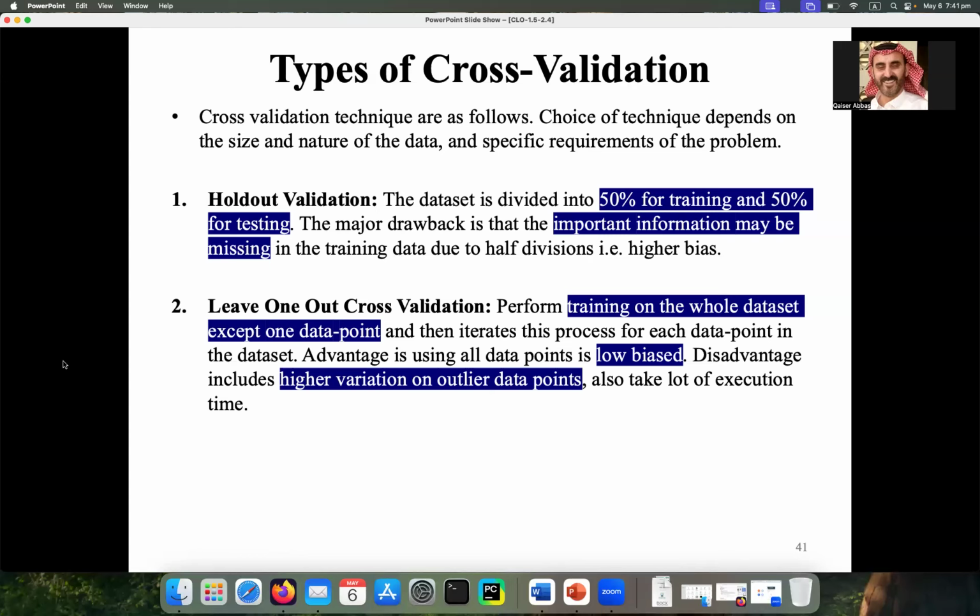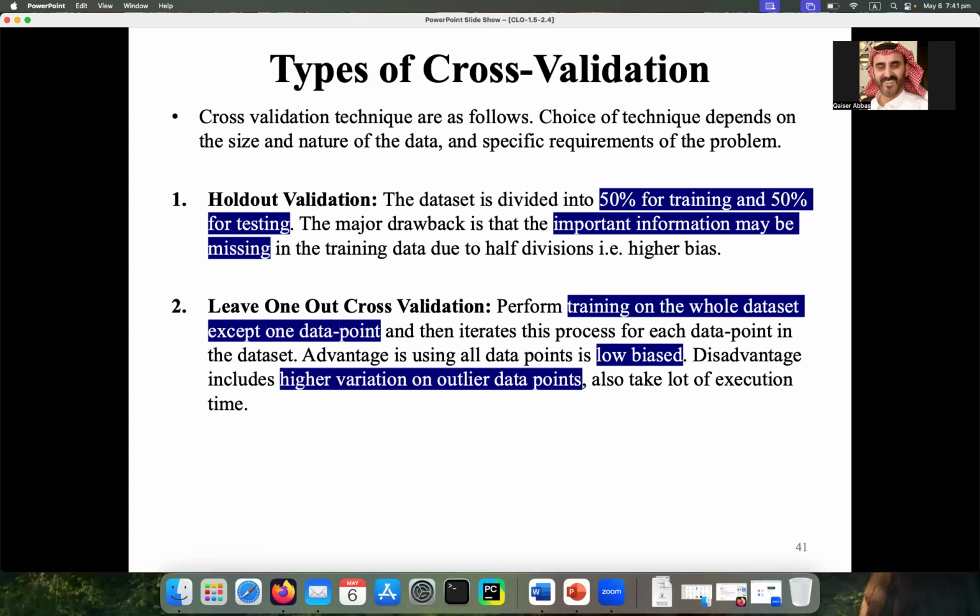But if you go with this approach, one data point and the whole data set, as you are considering almost the whole data set there, 99.9%, then the biasness is low. The biasness that you will feel there on point number 1, where you have the drawback, is what? Drawback: important information is missing.